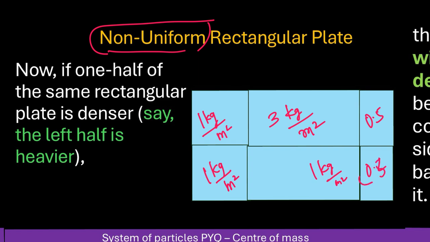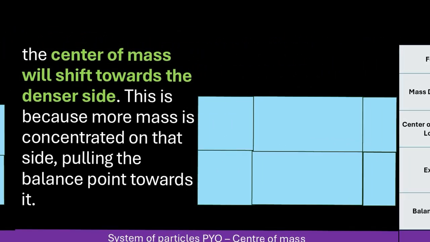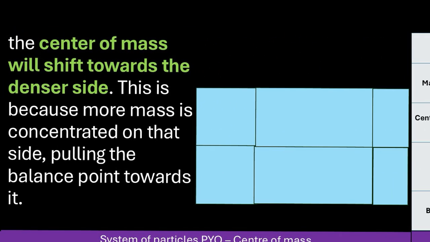Okay, which would make either of the sides heavier or denser. So maybe the left hand side or the right hand side is denser or lighter. That depends upon the distribution. And what will happen in such a case? That is where we expect a potential association question. Well, not at the simple level, but of course at a slightly higher level.